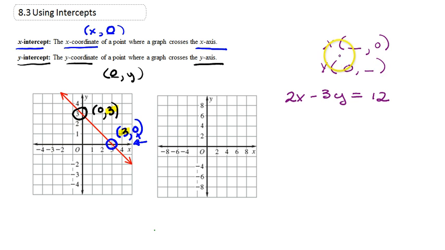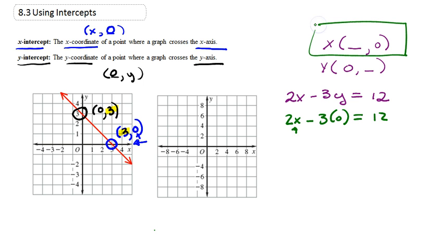So I can plug this into my equation here. I'm going to start by trying to find the x-intercept. So I'm going to take 2x minus 3, and substitute 0 for y, equals negative 12. Now I just need to solve for x, and that'll tell me what's going to go in this point here on my line.